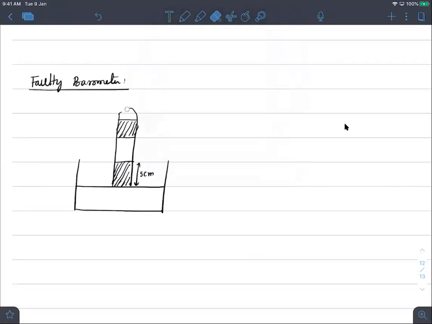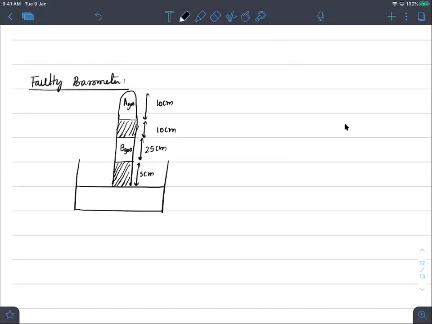The length of this is 25 centimeters. Here there is some B gas present, and this height is again 10 centimeters. Some A gas is present, and here this height is given as 10 centimeters. So it's a faulty barometer. There is a lot of gases stuck inside.